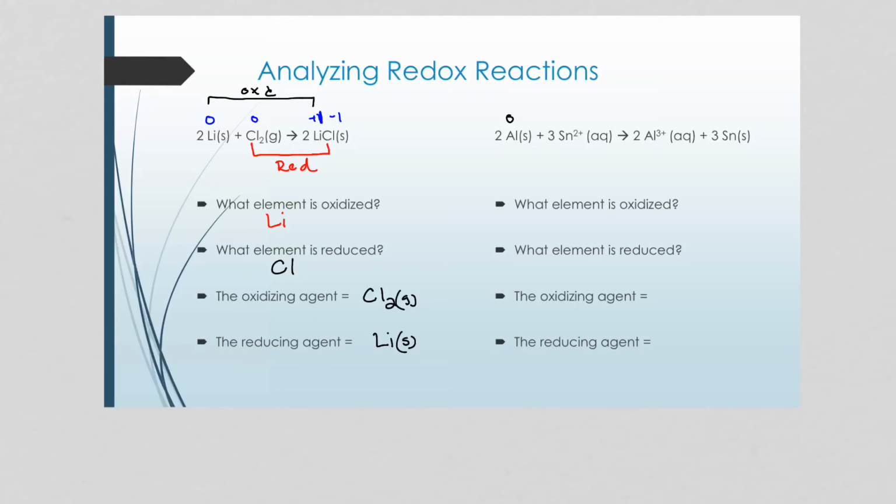Sn2+, right? This is a monatomic ion. Its oxidation state is equal to the charge, 2+. We have Al3+. So again, monatomic ion, in this case with a 3+, but a tin metal, elemental, is going to be 0.